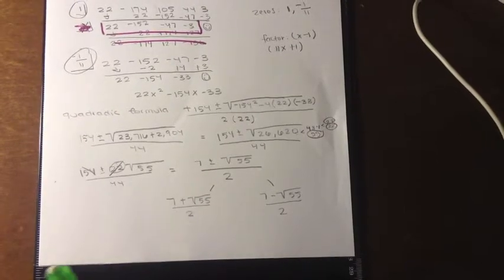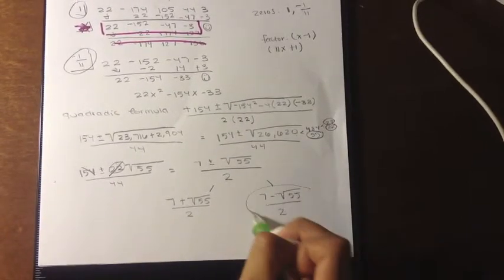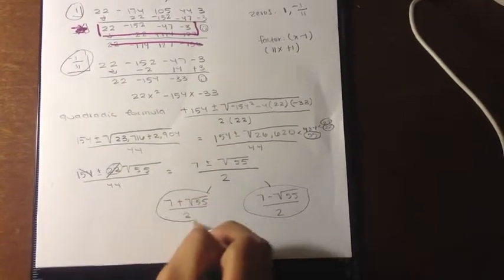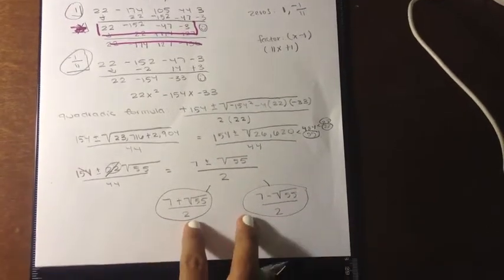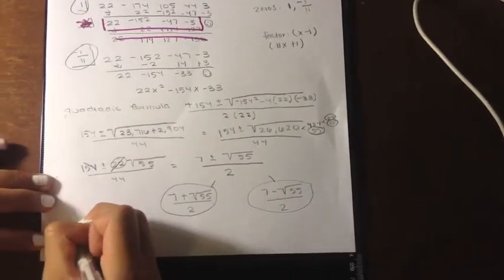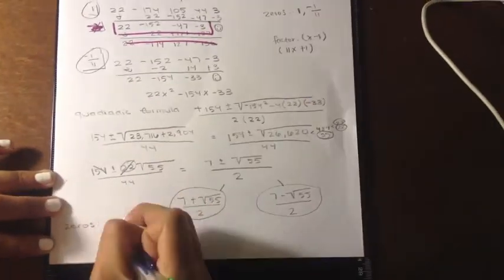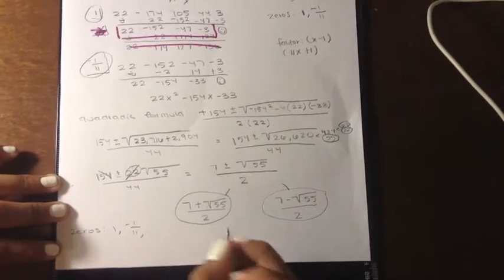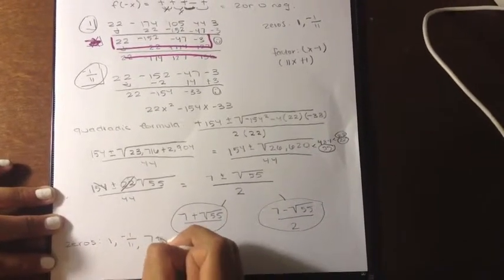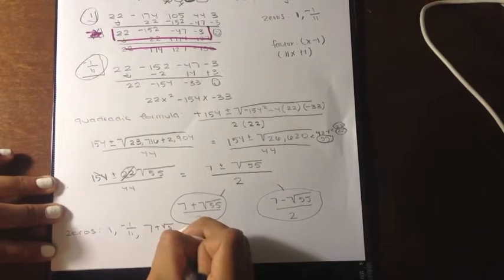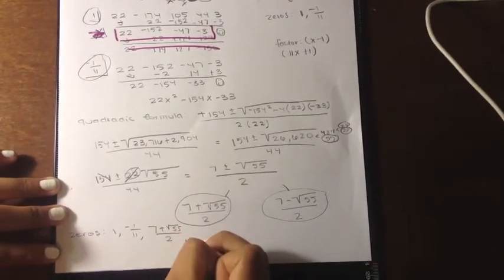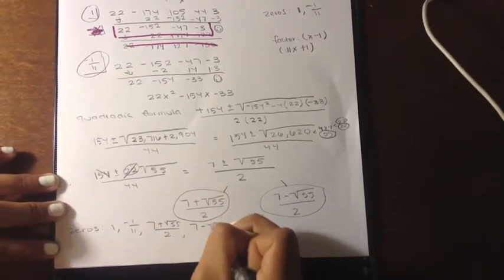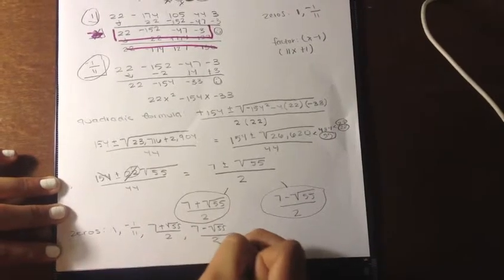And here are other zeros, so these can go in. So our zeros are 1, negative 1 over 11, 7 plus radical 55 over 2, and 7 minus radical 55 over 2.